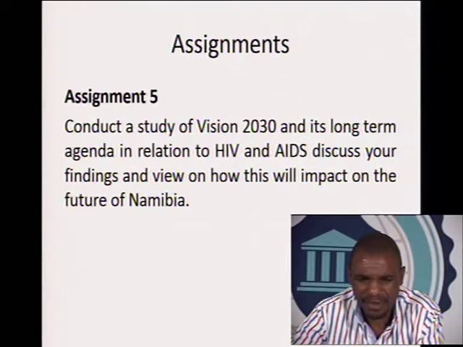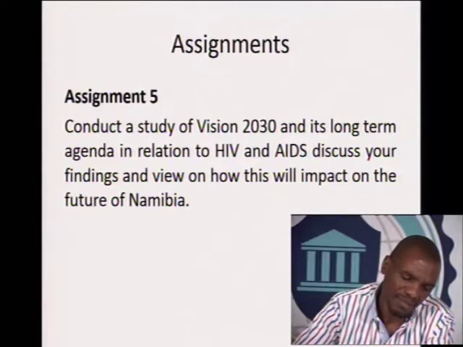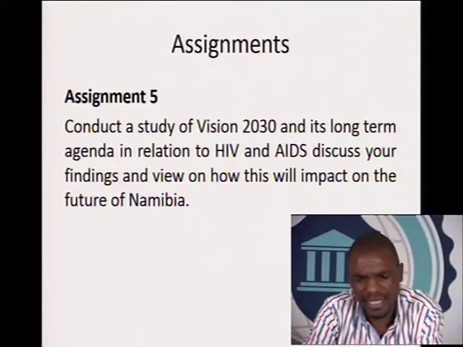Assignment 5: conduct a study of Vision 2030 and its long-term agenda in relation to HIV and AIDS. Discuss your findings and views on how this will impact on the future of Namibia. You must remember that Vision 2030 is a national document, well detailed and very well articulated, and as an HIV student, there are no two ways.